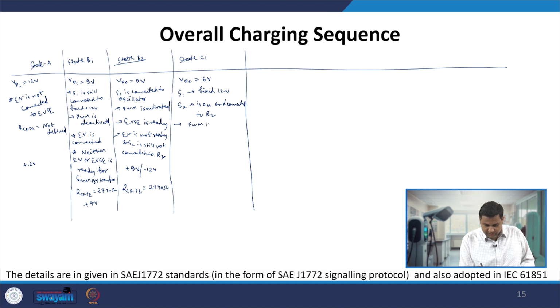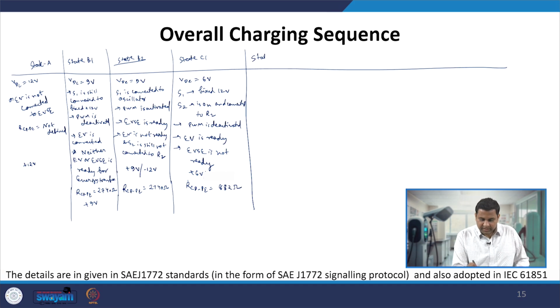PWM is deactivated, that indicates EV is ready but EVSC is not ready because our PWM is not activated, and we are having plus 6 volt, and RCP and PE is nothing but 882 ohm.